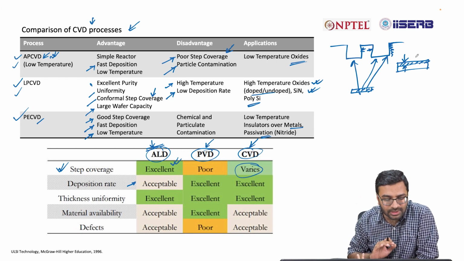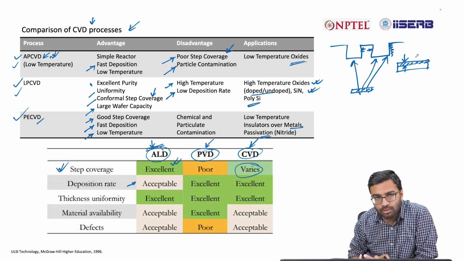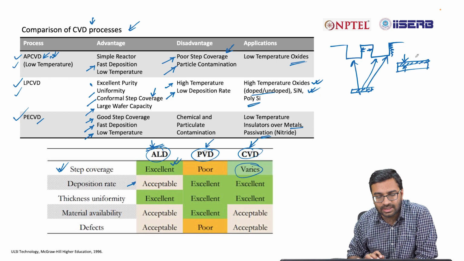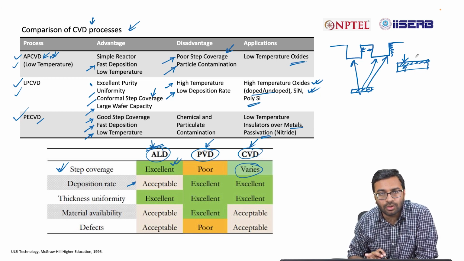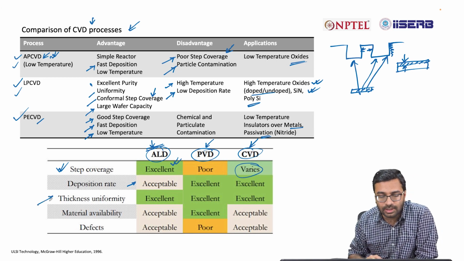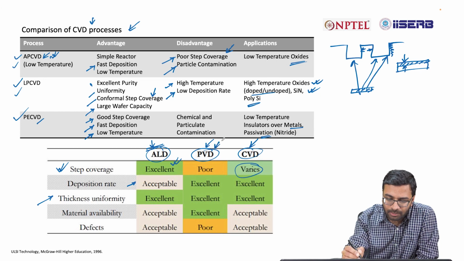So thickness uniformity wise, both PVD and CVD are excellent. Even atomic layer deposition also is a kind of excellent process. So as far as the thickness uniformity is concerned, you can use any, say atomic layer deposition, physical vapor deposition or chemical vapor deposition. Material availability, in case of physical vapor deposition, it's excellent.